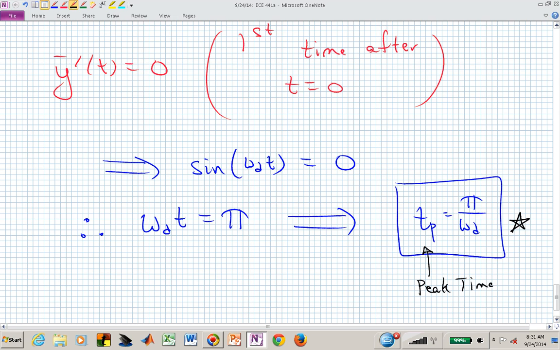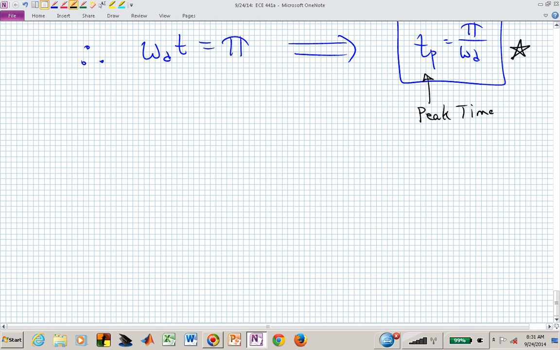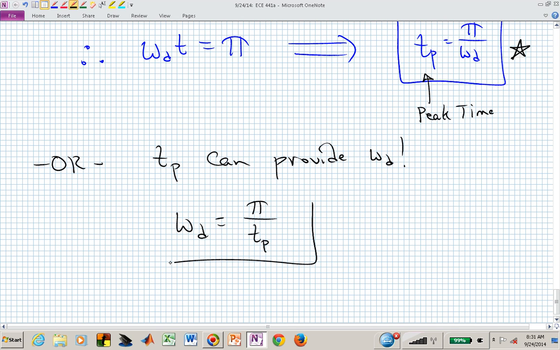So you could write it either way: T sub P is pi over omega sub D, or T sub P can provide omega sub D by just solving for omega sub D. That's the same expression, just reorganized.